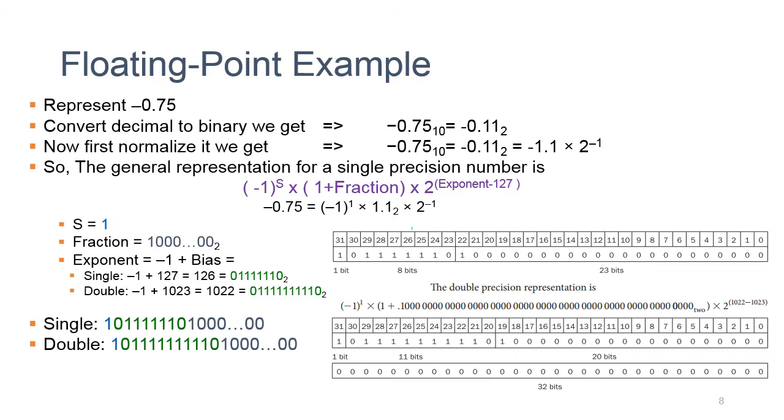Now for the fraction part, we use 1.1. In this particular number we take only the 1 from the right side of the binary point.